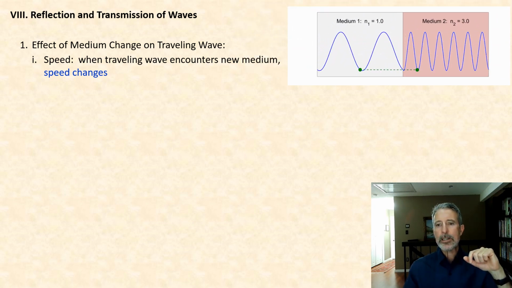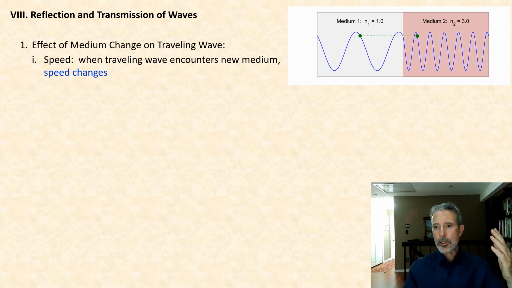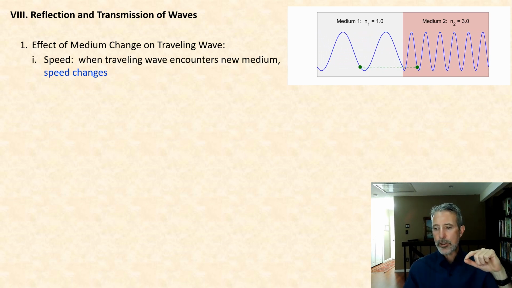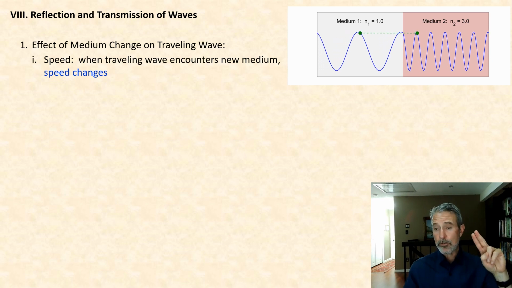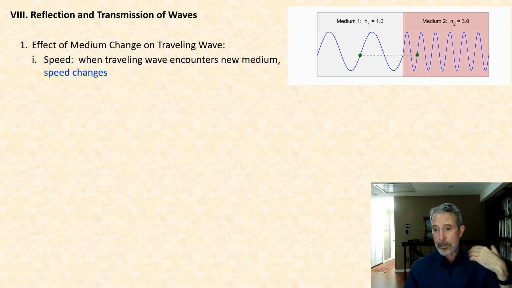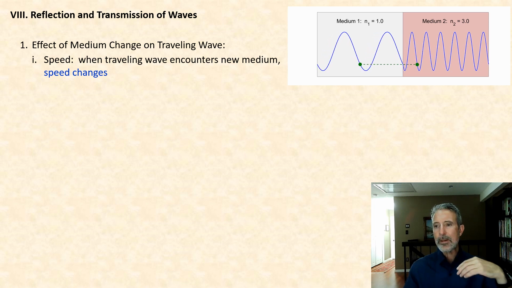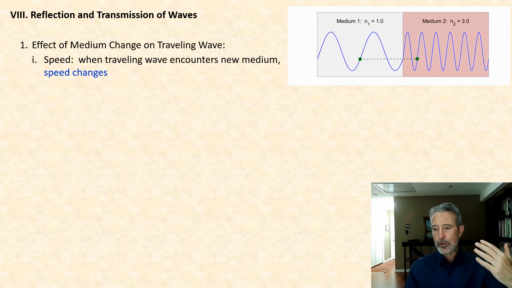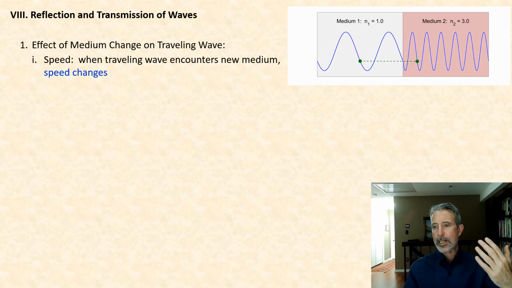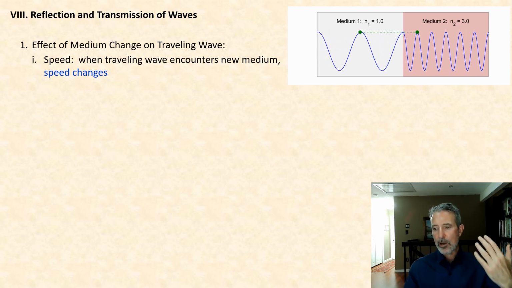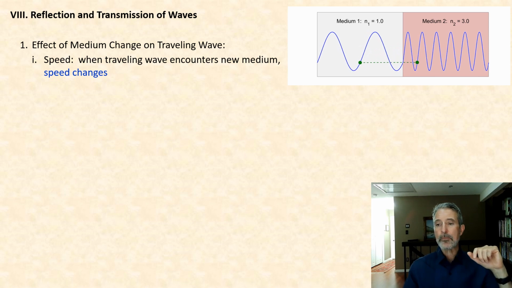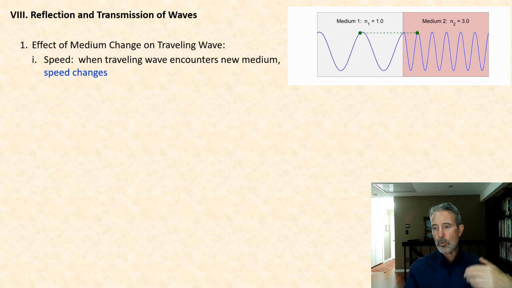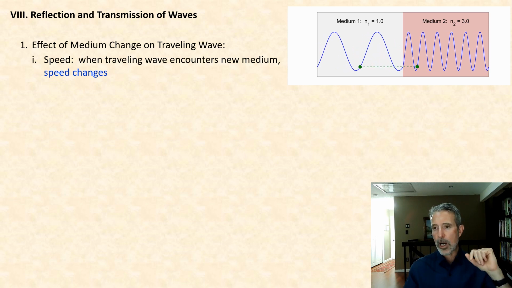If you take a look at the simulation, you will notice that as the wave traveling in medium 1 enters medium 2, first of all, you'll notice that the wave slows down. As you'll find out later in the course, medium 2 has what we call a higher index of refraction, which for electromagnetic waves means that they will travel slower when the index of refraction is higher.